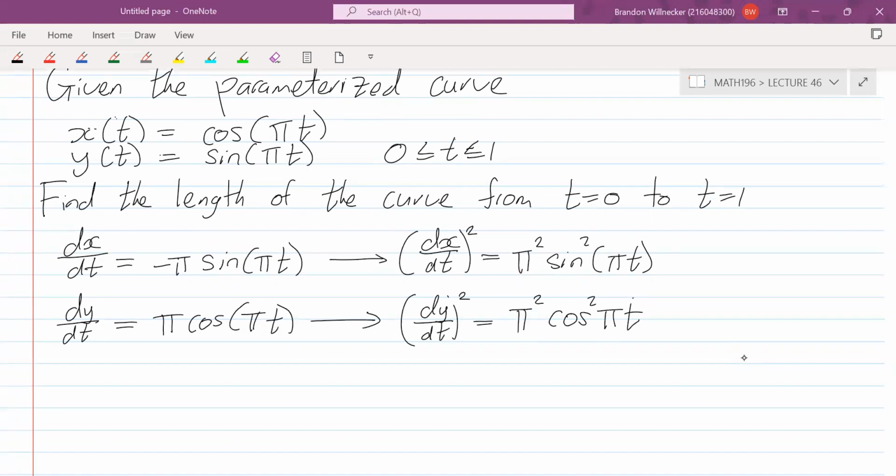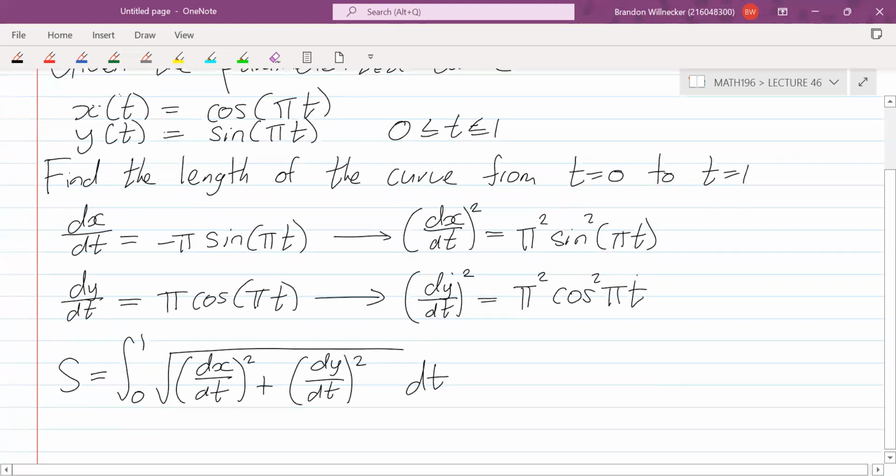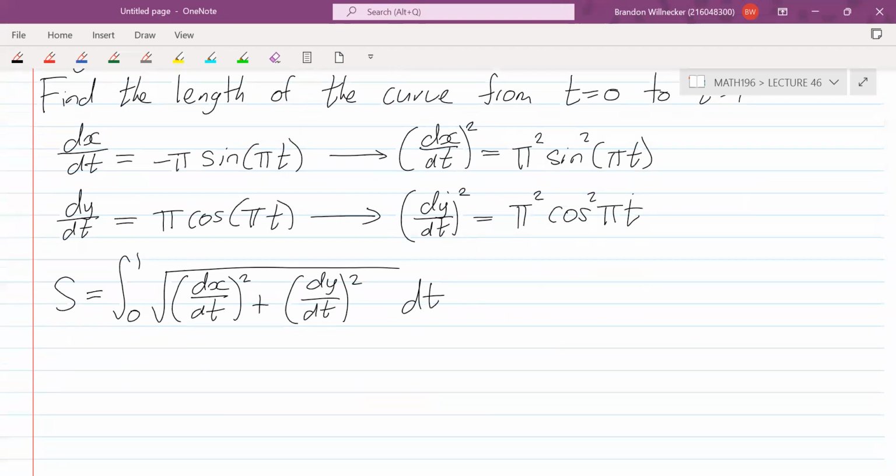Then we substitute that into our formula. So we want the length, let's call that s. It's going to be the integral where t goes from 0 to 1 of the square root of dx by dt squared plus dy by dt squared dt. So let's substitute the two things that we know here.